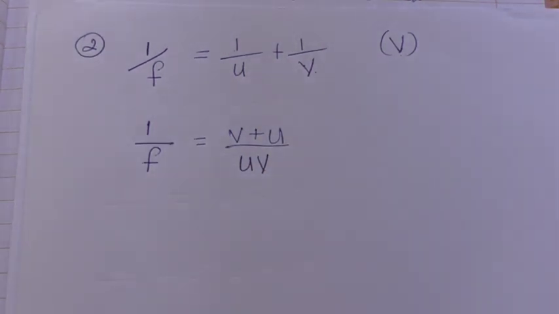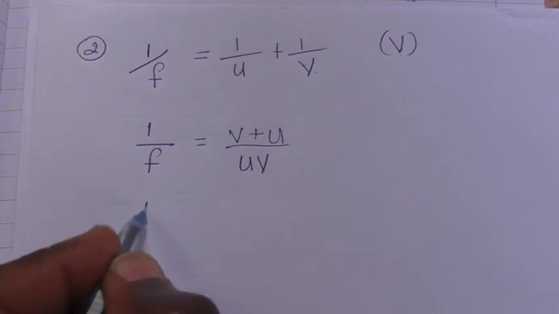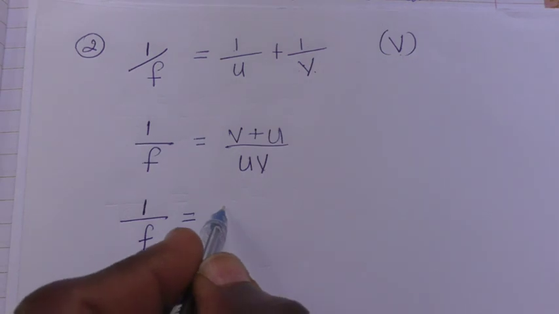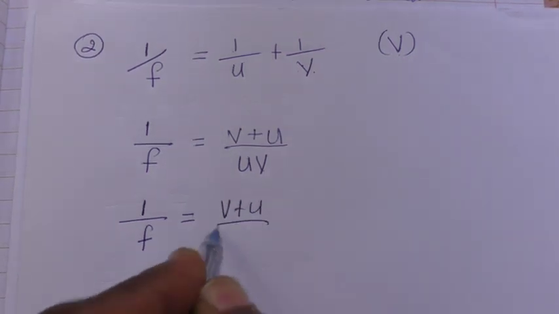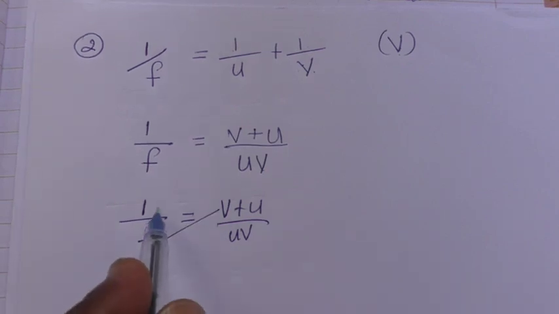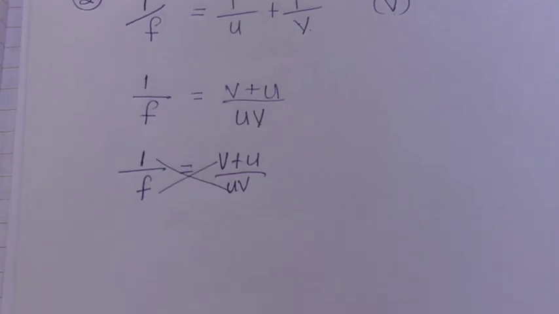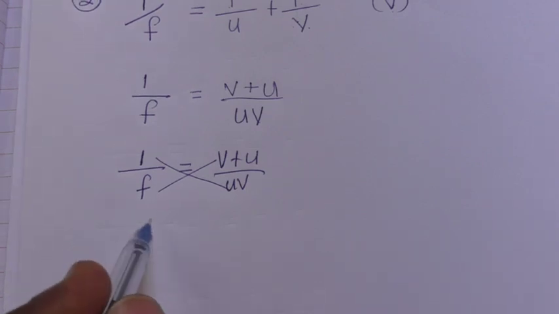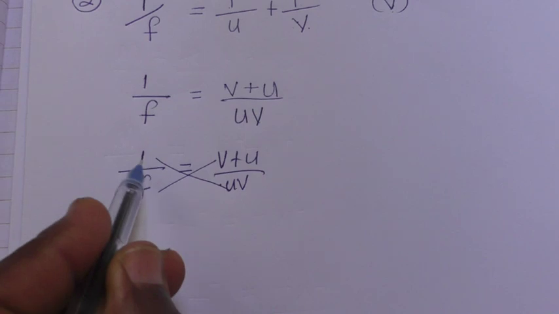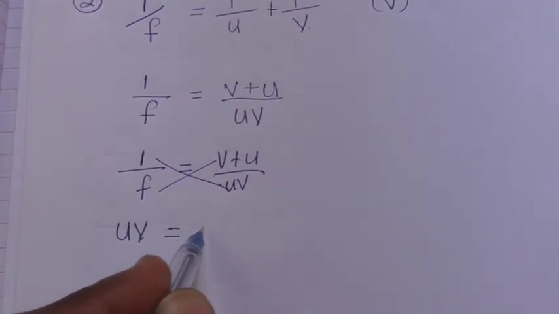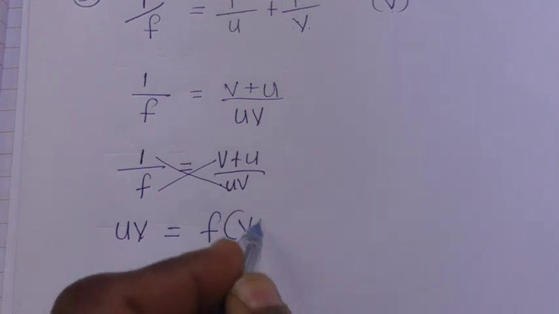This is giving us 1 over f equals v plus u over uv. So we can cross multiply. We want to eliminate the fractions. In cross multiplying, this multiplies with 1, we get uv equals f into v plus u.